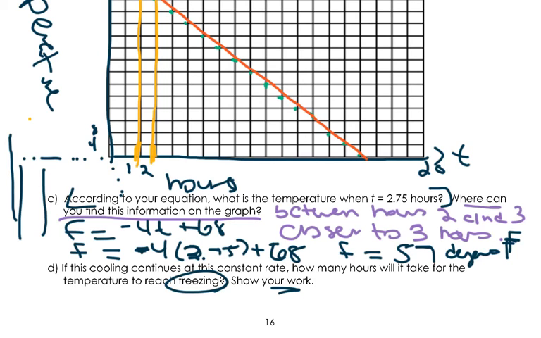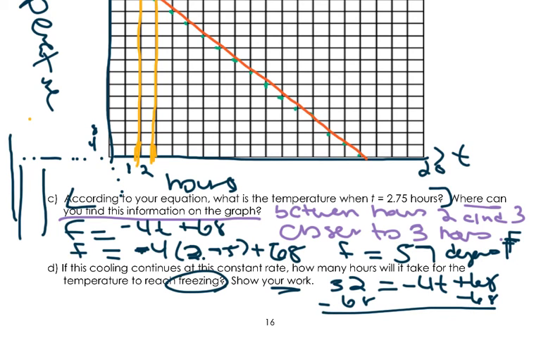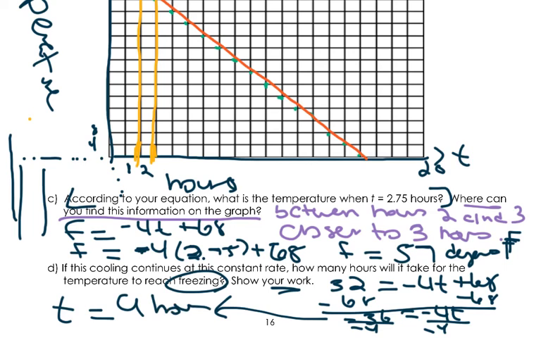So 32, our F, our degrees, is equal to negative 4 times T, because we don't know the hours, plus 68. So minus 68 on both sides. Negative 36 equals negative 4T, divided by negative 4 on both sides. T is equal to 9 hours.